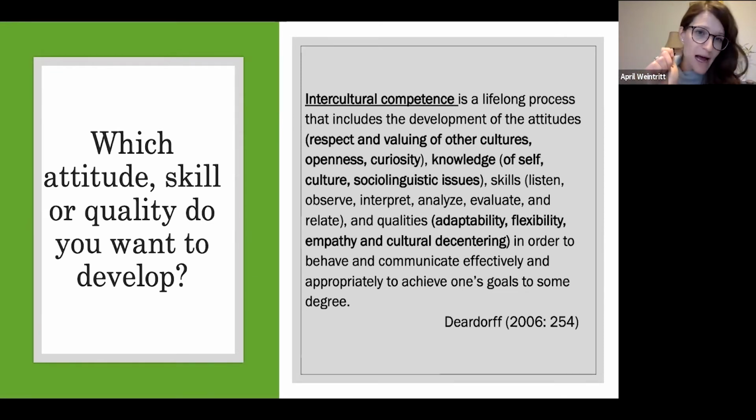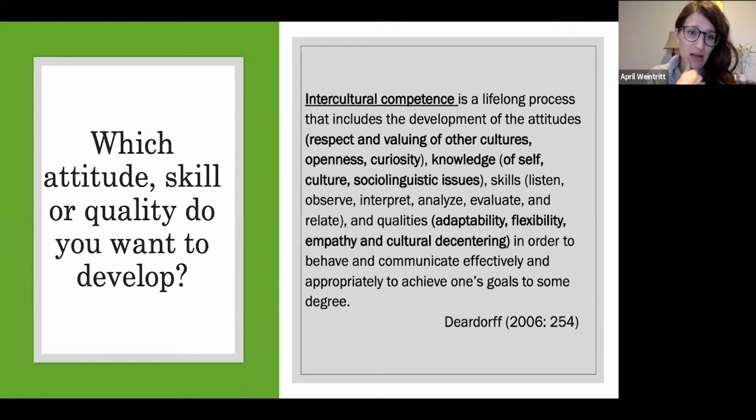We think, okay, so my outcome is openness and curiosity. This is what I want students to practice through my activity. Well, what's their barrier? What's their obstacle to openness and curiosity? It's stereotypes and assumptions, right?